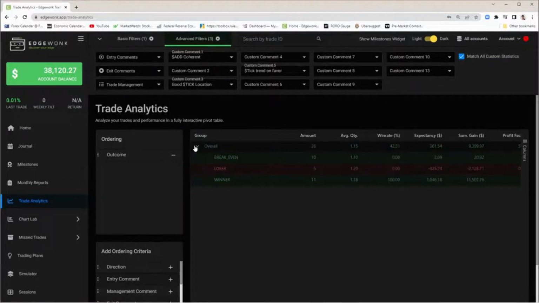So I can filter better. Using these three custom statistics, I can see how when the ADD is coherent, the tick chart is trending in my favor, and I enter the trade when the tick is in a good location. Out of 26 trades, I won 11, 10 break-evens, and just 5 losers, right?